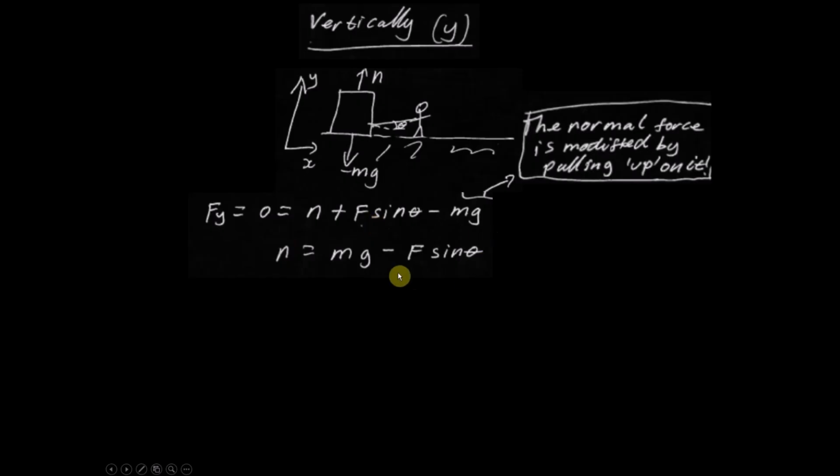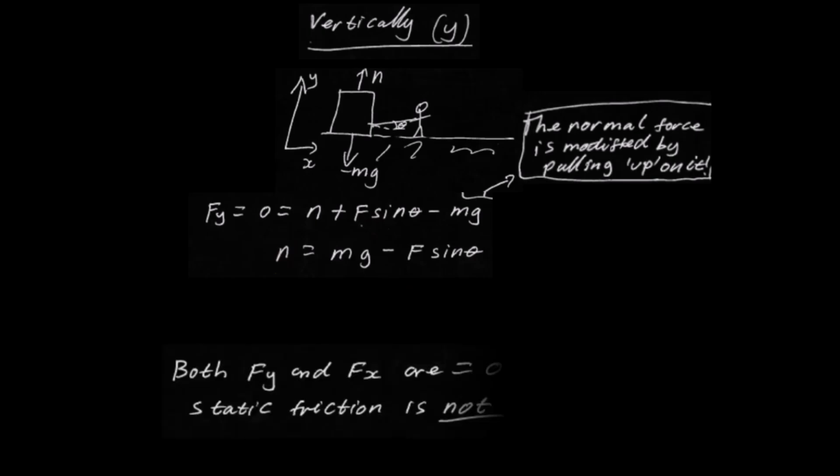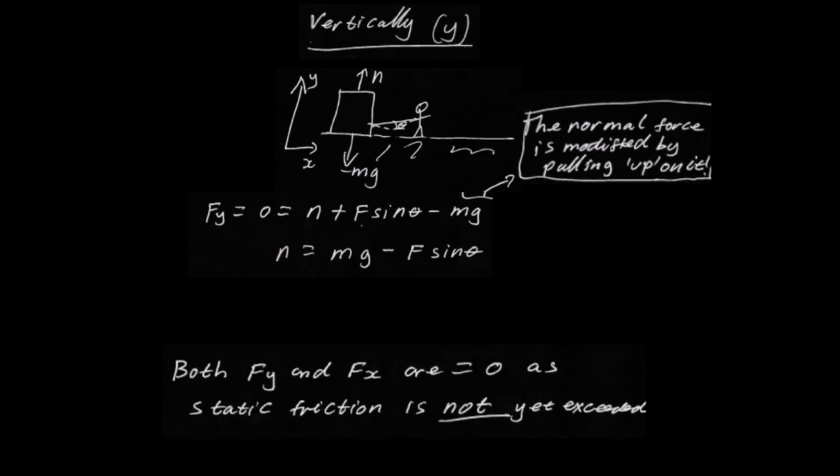And that's why we rearrange to put this in terms of n, because we are going to put this into friction, and if F equals mu n, that's where we have to put that in. So both Fy and Fx, remember, are equal to 0. Static friction's not yet exceeded. So that was our y case.